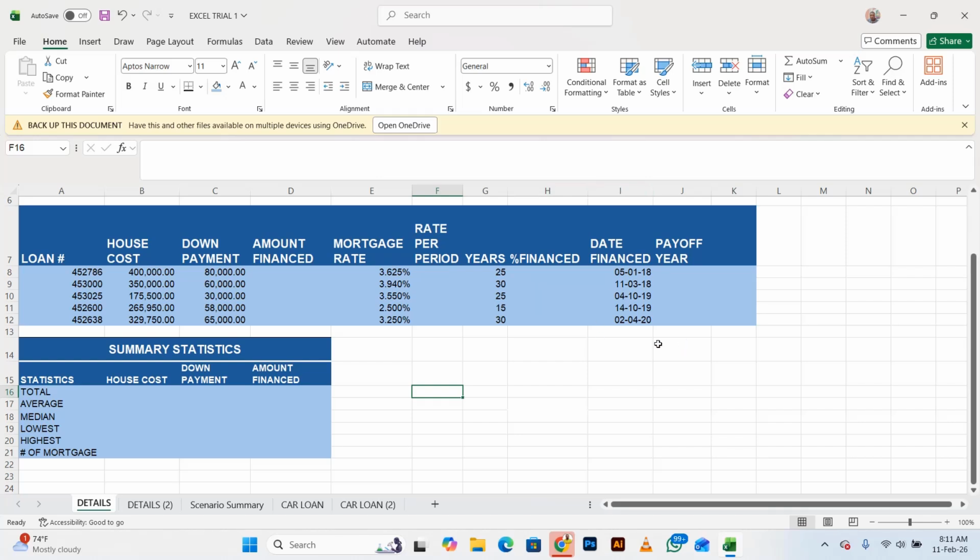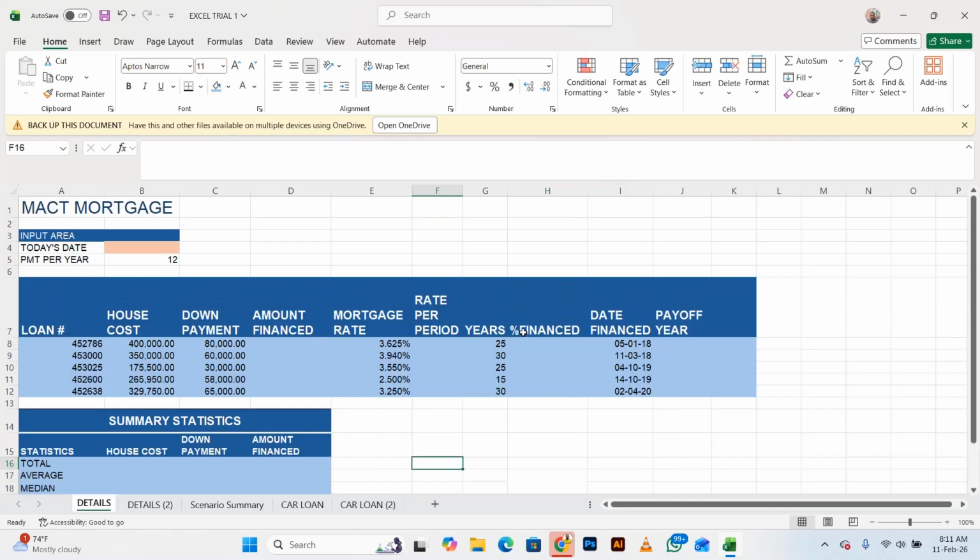Since we are now done with the design, what is left is to key in the necessary formulas that will help our work be possible. There are two basic ways of keying in formulas that I know of. One is to just enter them in the cell using the equal to sign.